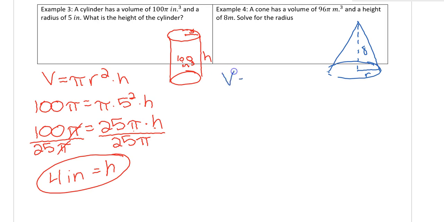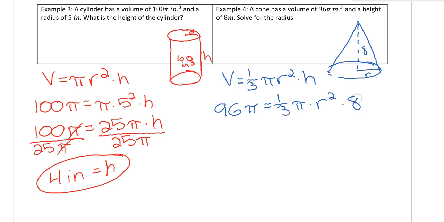The volume of a cone is 1/3 pi r squared times height. So volume 96 pi equals 1/3 pi times r squared times 8.